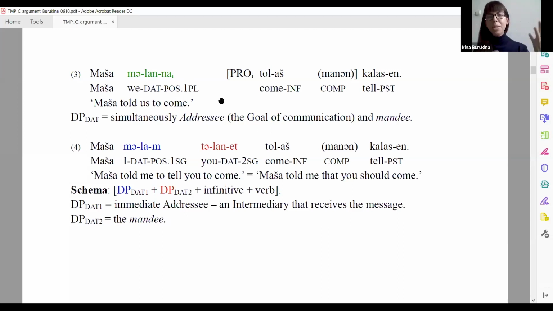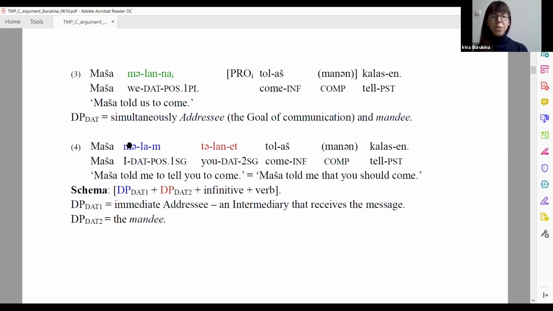So this is very similar to what we see in Russian, for example, or in Hungarian, which is another Uralic language. But unlike Russian and Hungarian, Mari also allows us to have two unrelated dative dependents. And you can see it in 4. So I can also say Masha mlam tlanet talashman and kalasen, which means Masha told me that you should come.